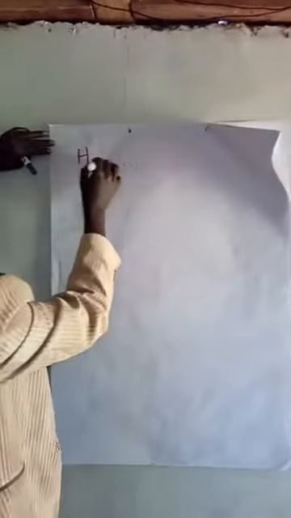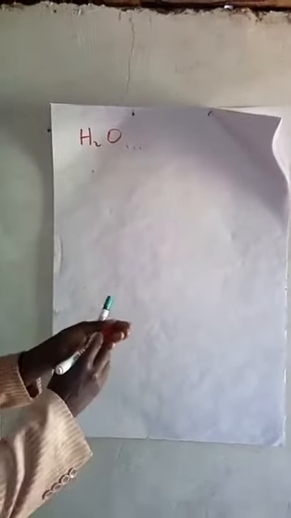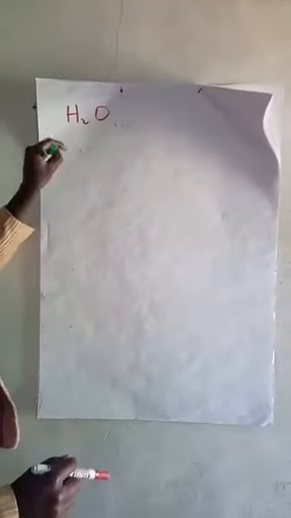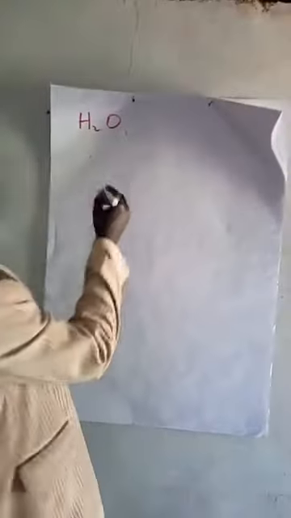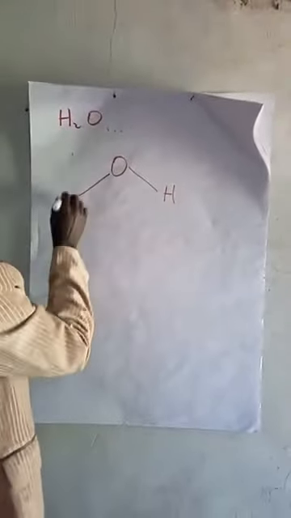Now you are aware that a water molecule is H2O. This simply means two atoms of hydrogen and one atom of oxygen form a water molecule. The bonding here is one oxygen, one hydrogen, one hydrogen.